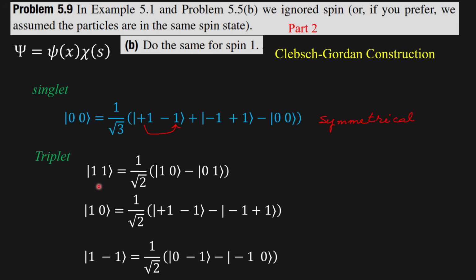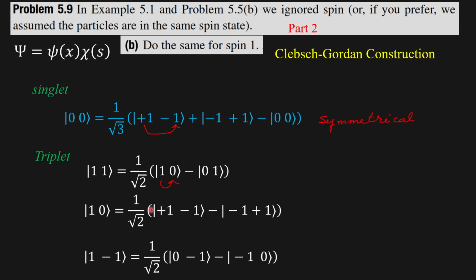In the triplet state, S is 1, M is 1. So you can have a linear combination, that is 1 over square root 2 times 1 0 minus 0 1. Here if you swap the states, that is 1 and 0, you will get a negative sign.